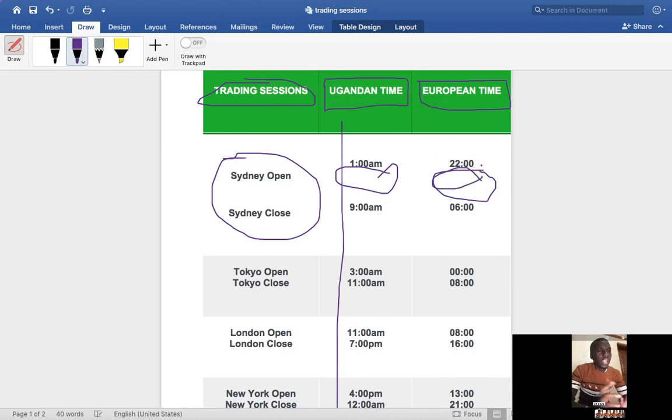for Sydney. Then this market closes Ugandan time at around 9 a.m. That's in the morning. By this time, we're already awake, and people are already out, going for job, moving out for work, doing different activities that they're supposed to do.